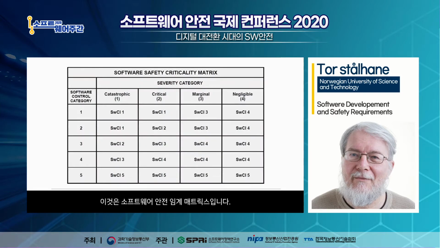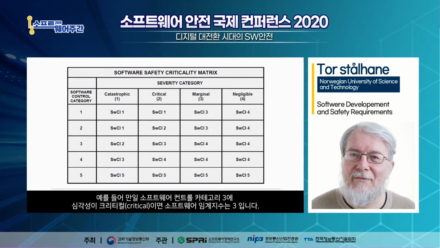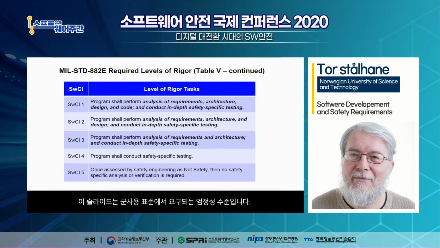So this is how we get the software safety criticality index: control category and the severity category. For instance, if we have software control category 3 and critical, we get software criticality index number 3. This will give us the level of rigor.